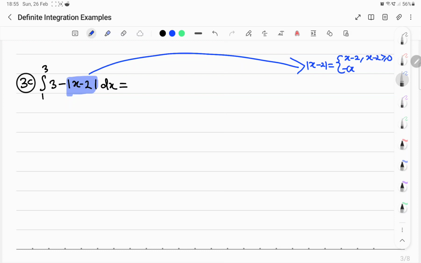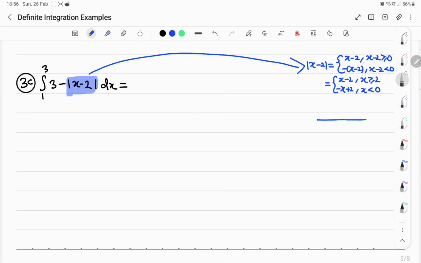It will be negative when x minus 2 is less than 0. Then we can simplify everything: x minus 2 for x greater than or equal to 2, minus x plus 2 for x less than 2.